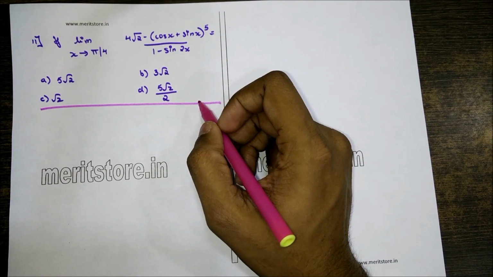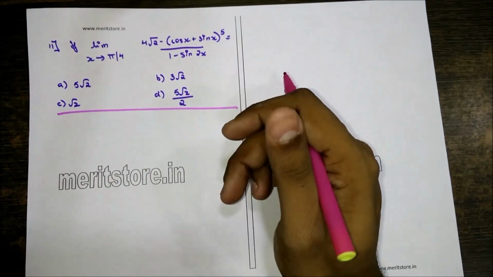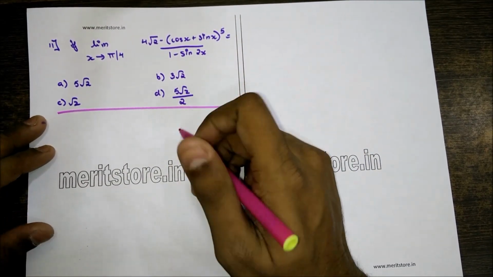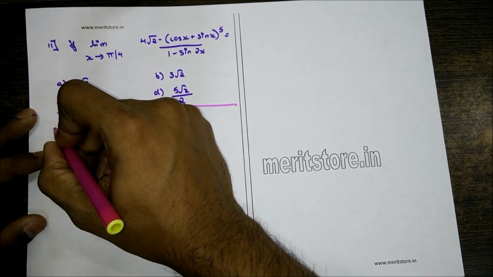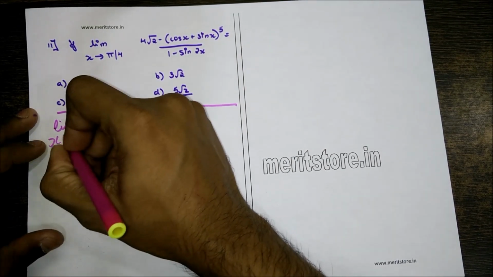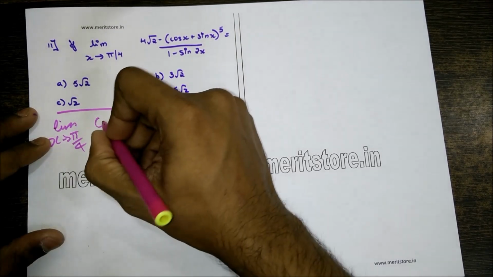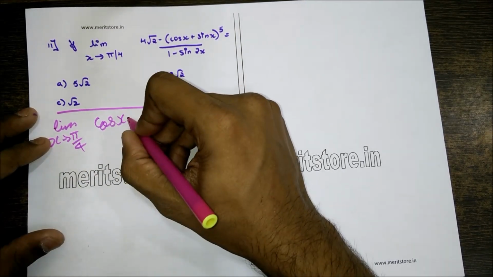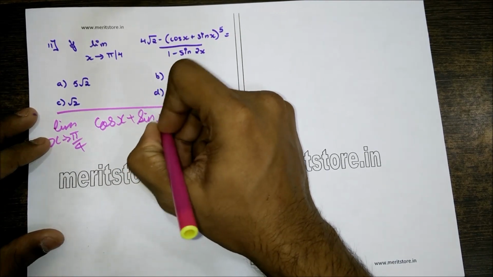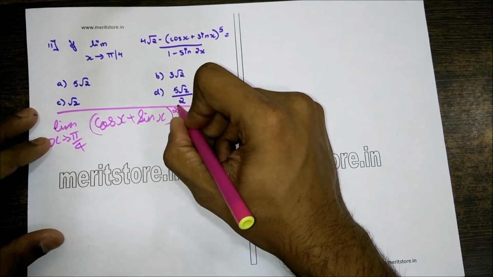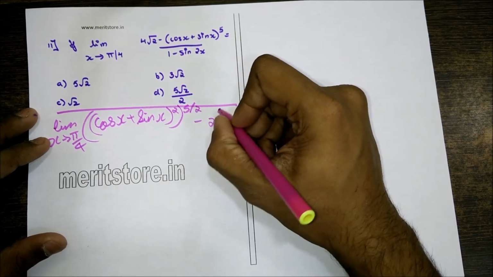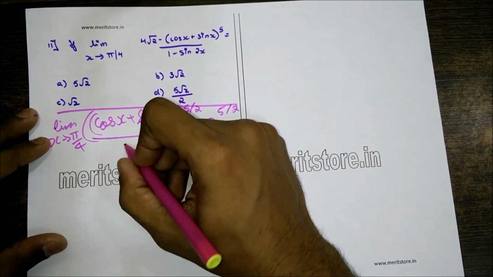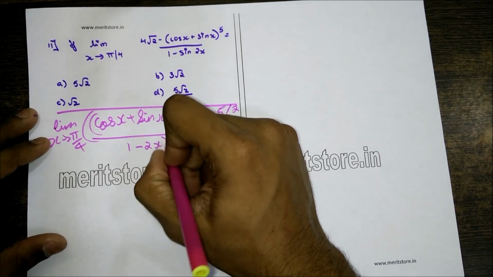So first what we do is we can rearrange the terms in the numerator and write it as limit of x tends to pi by 4 cos x plus sin x square raised to 5 by 2 minus 2 raised to 5 by 2 upon 1 minus sin 2x.